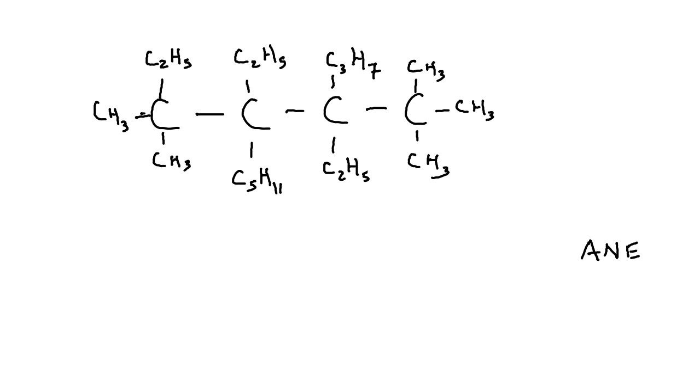If I go here, 6, 7, 8, 9, 10. I believe this is my longest chain. And I believe that I'm going to count down and count this way. So if that's 3 carbons, that's 3.